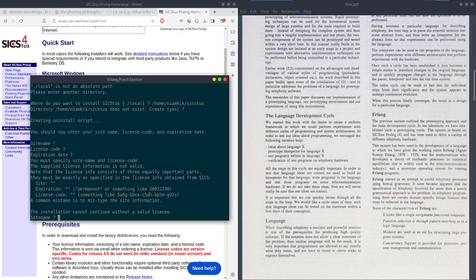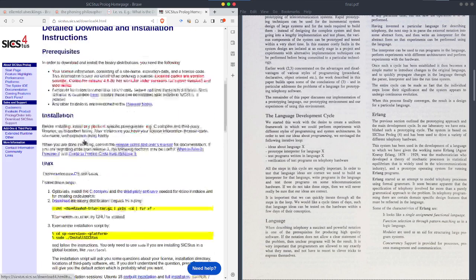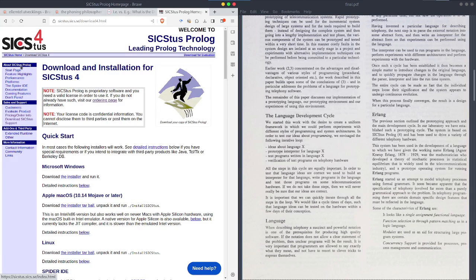Okay, I need a license, unfortunately. Is there a price somewhere? I will check that later, but I think it would be nice to have it to execute the different code.